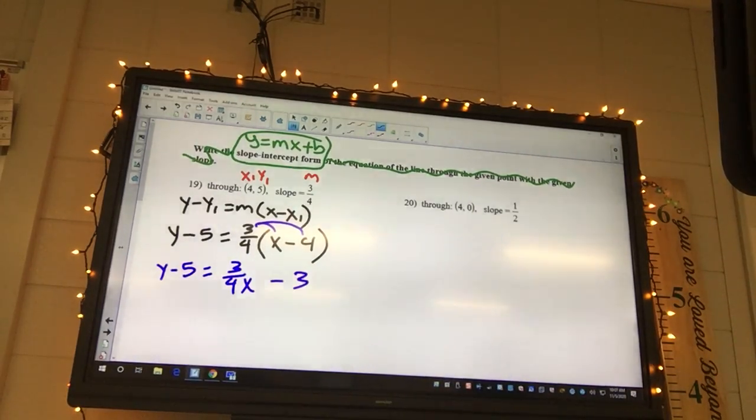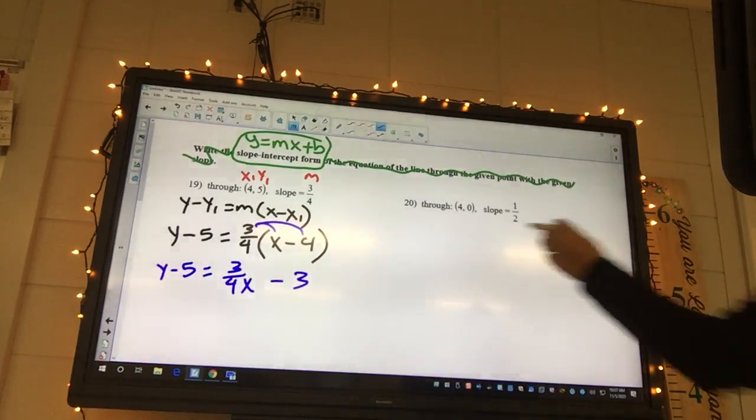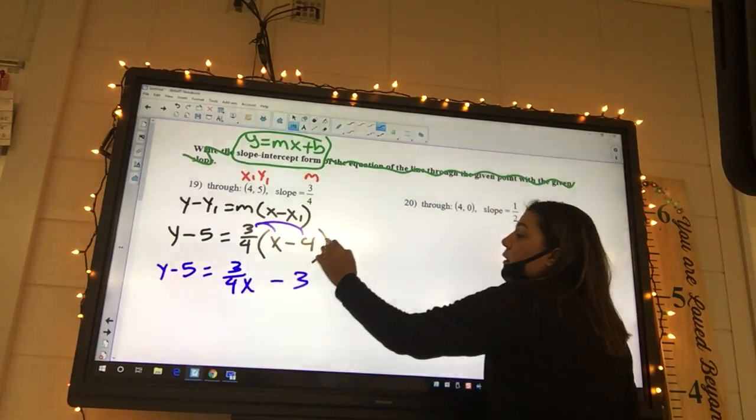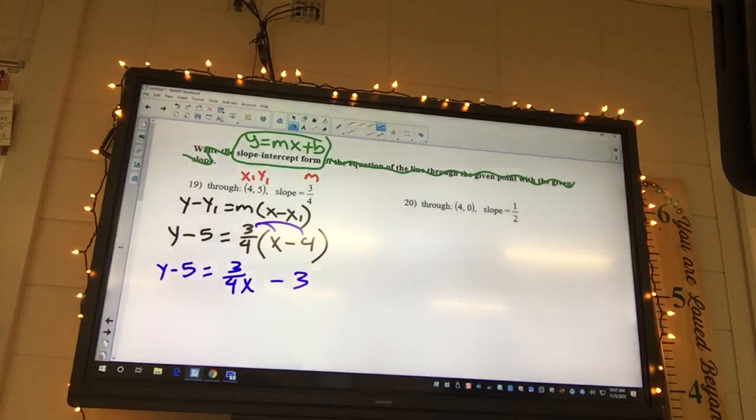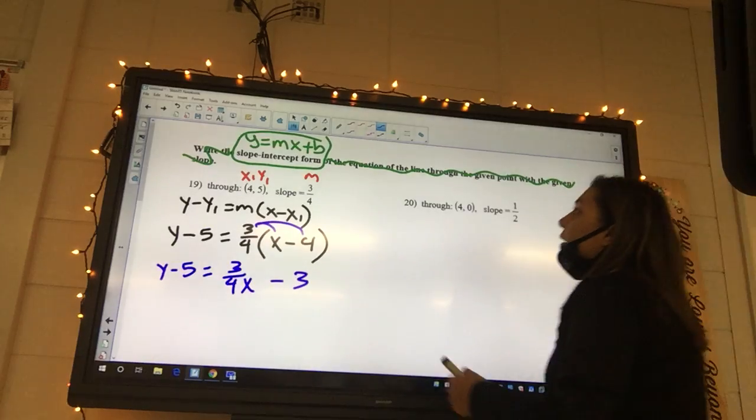How'd you get 3? So when you multiply fractions, you multiply the top. Okay, so I had 3 times 4. It's going to be 12 over 4, which is 3. Yeah, my fault. Okay, but I wouldn't suggest doing fractions in your head. And then my last step is going to be to do what?